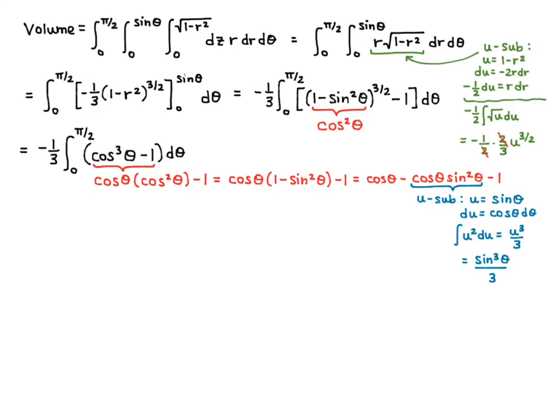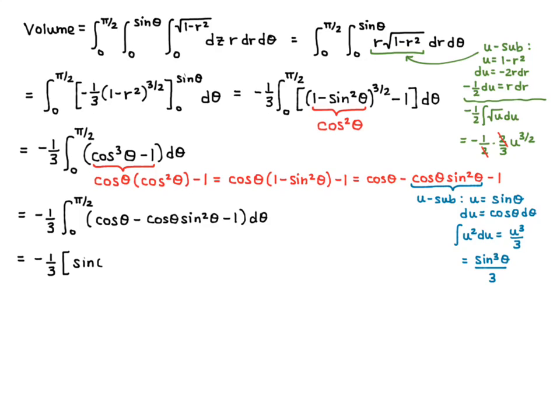Okay, so what I have, negative 1/3, the integral of that whole expanded piece that I have over on the right, and I know that the integral of cosine theta is sine theta. I figured out the integral of cosine theta sine squared theta, and I know the integral of 1 is theta.